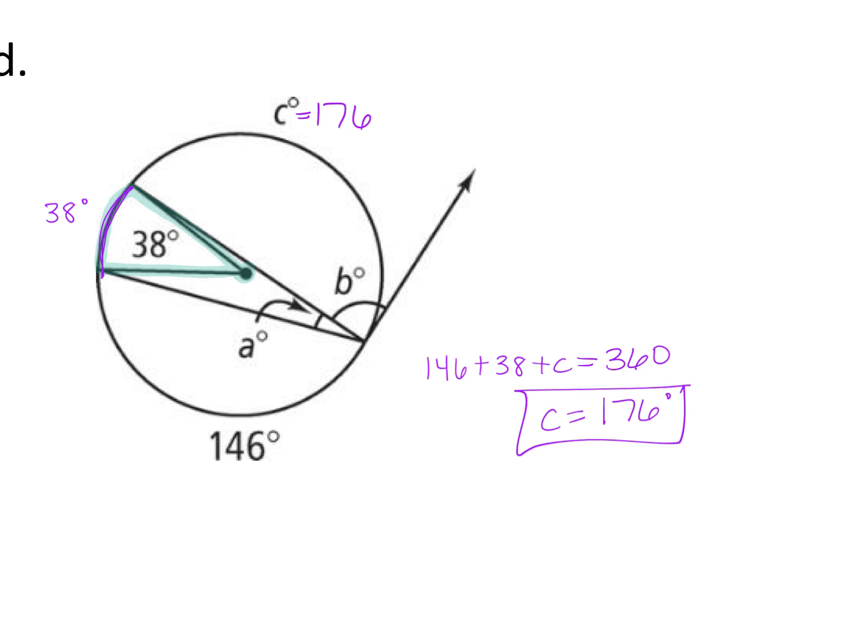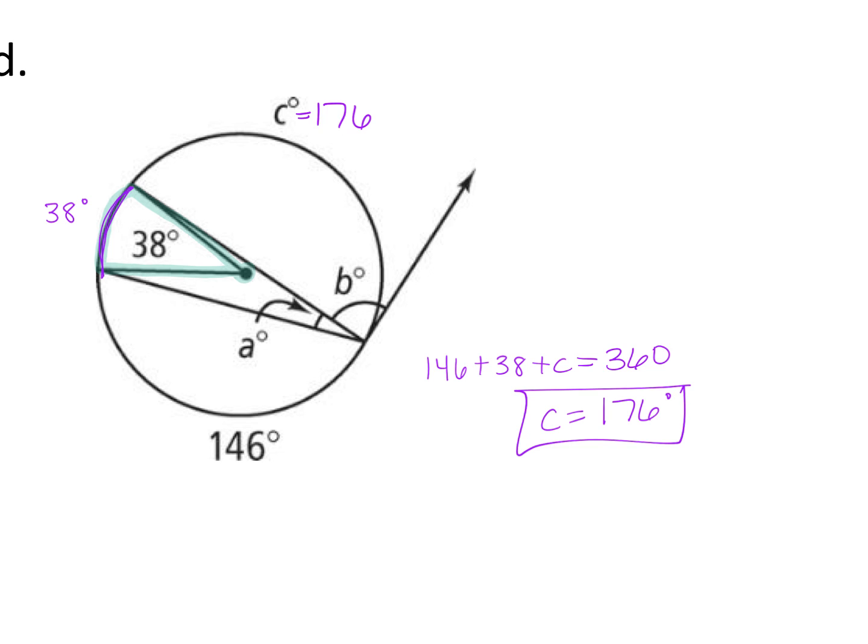Did I plug something in wrong? 360 minus 38 minus 146. I'm still getting 176. Okay, so C is 176.